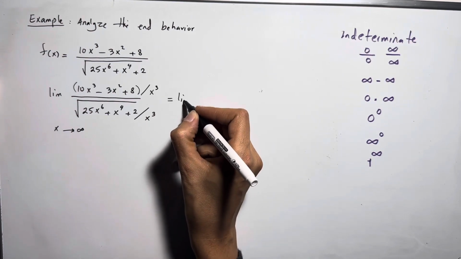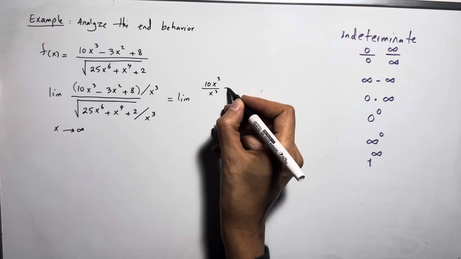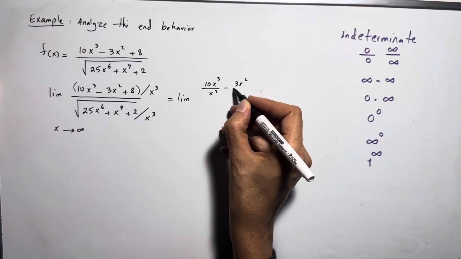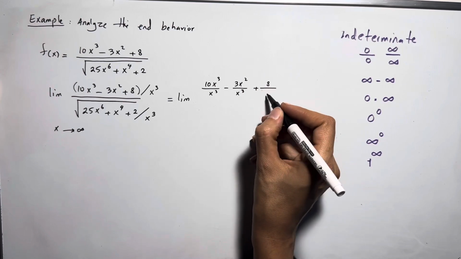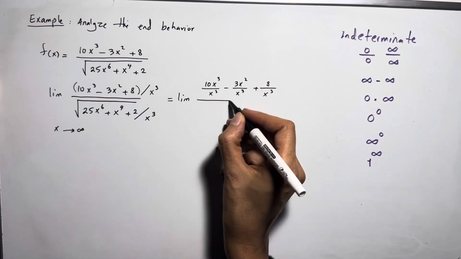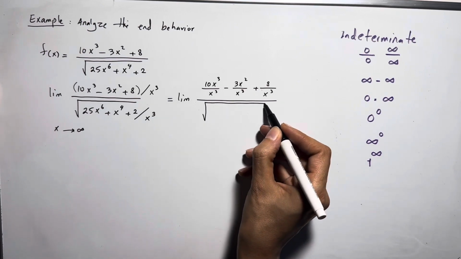This is equal to the limit of 10x cubed divided by x cubed minus 3x squared divided by x cubed plus 8 divided by x cubed, divided by the square root of this.